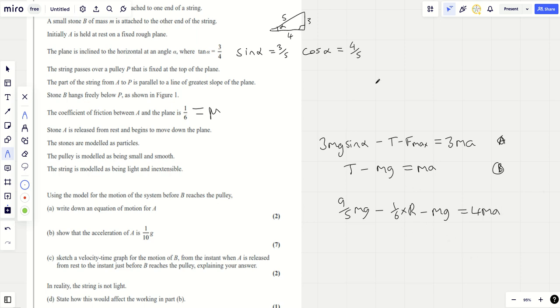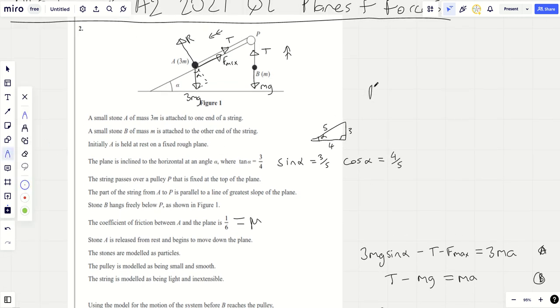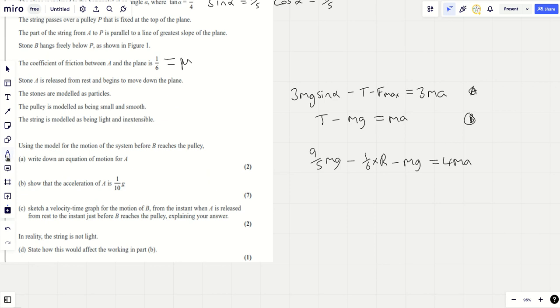Now r, of course, in this question is going to be equal to 3mg cos alpha. And as cos alpha is 4/5, you're going to have 12/5 mg. And so what do we got here? We've got 9/5 mg minus mg, well that's 4/5 mg, minus a 6 times by 12/5 mg equals 4ma.